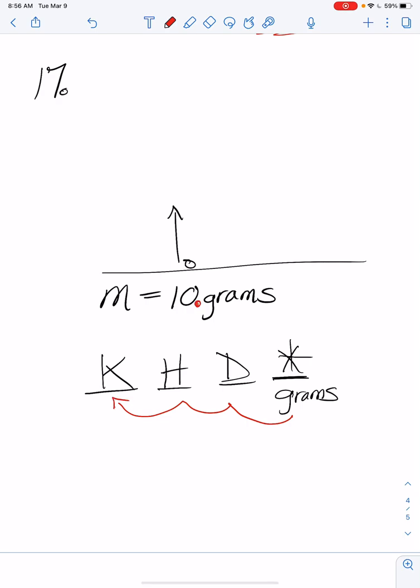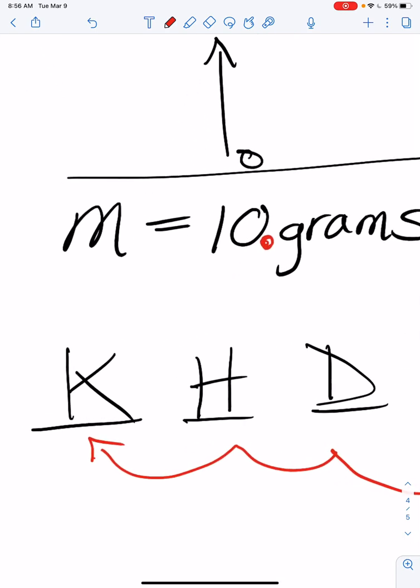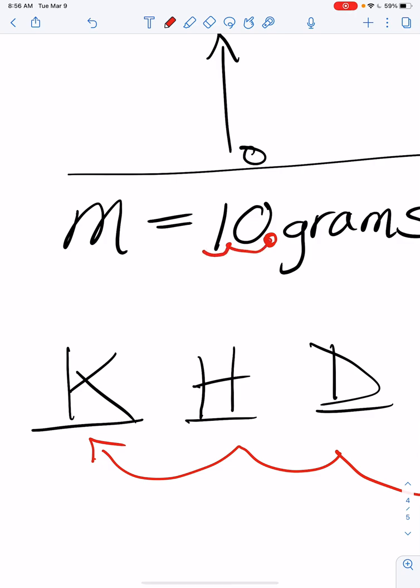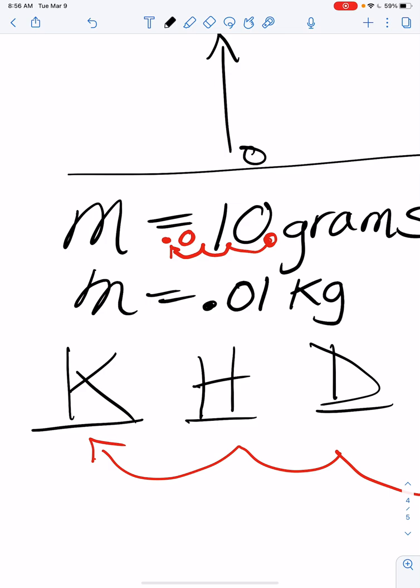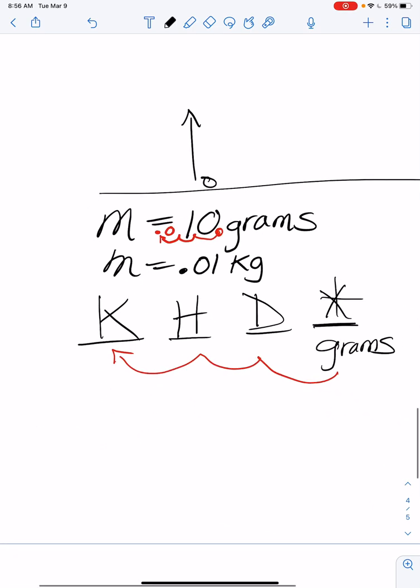So right here, as I put the decimal next to the 10, I'm going to go 1, 2, 3 to the left. Anywhere I have an open valley gets a 0. So we're saying 0.01 kilograms. All right, good. So we fixed that right away, and that's good to know.